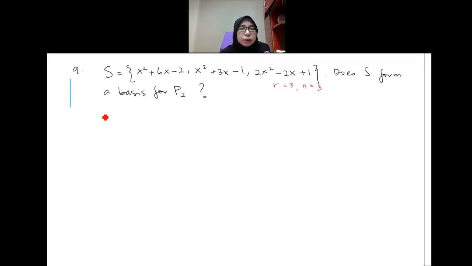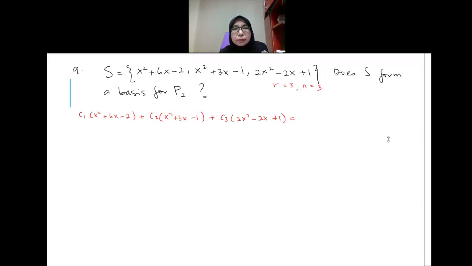So again, I write a linear combination. This is the basic step. So you should write C1 times x squared plus 6x minus 2, plus C2 multiplied with the second vector, plus C3 times the third vector, 2x squared minus 2x plus 1.